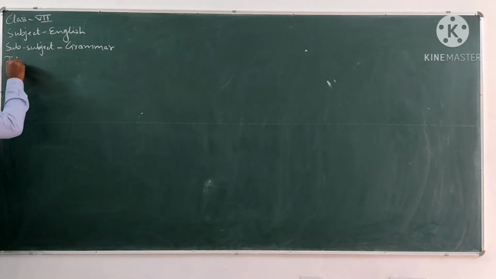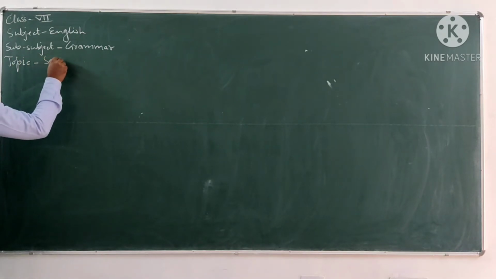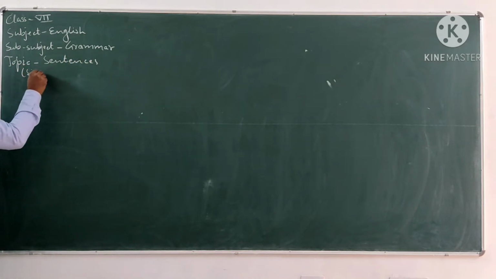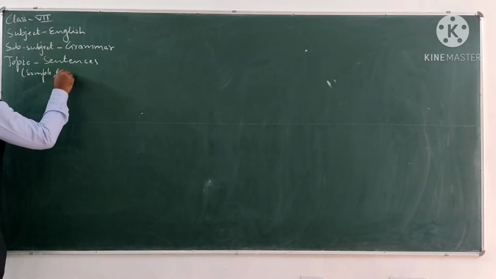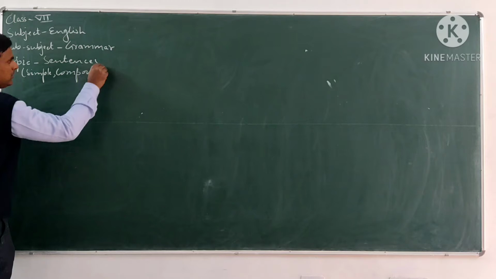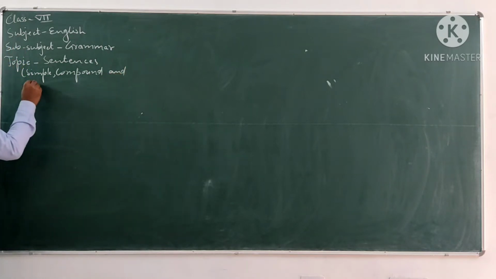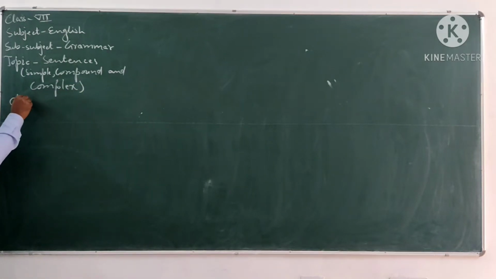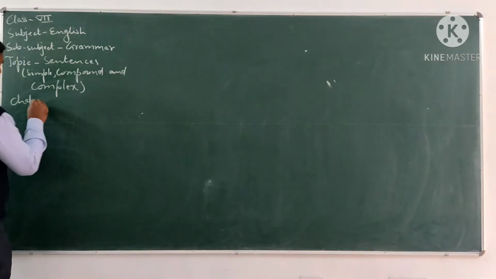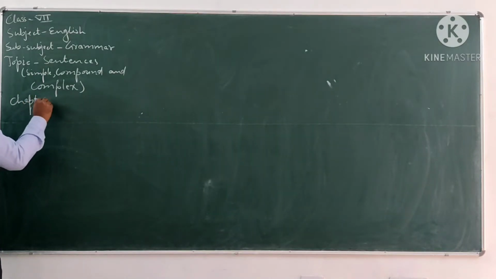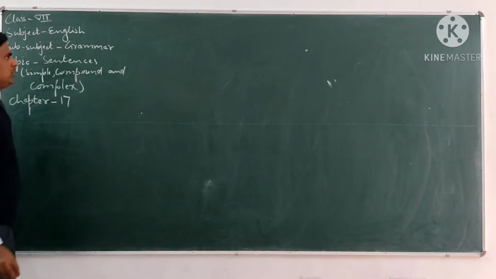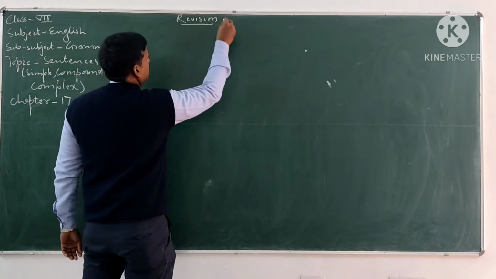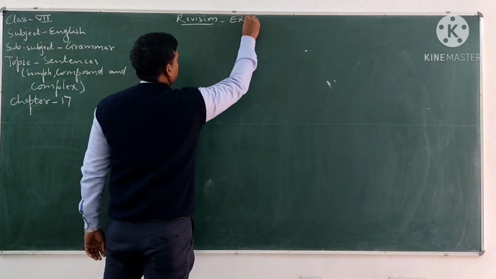The topic is sentences: simple, compound and complex. This is chapter number 17 in your book. So today we will do the revision of this chapter, and in revision especially we will do the exercises.